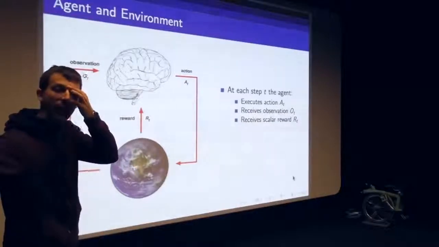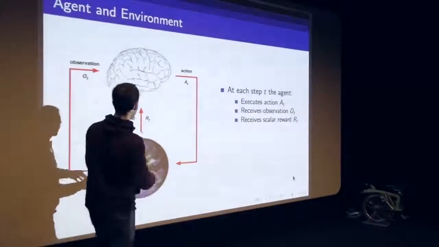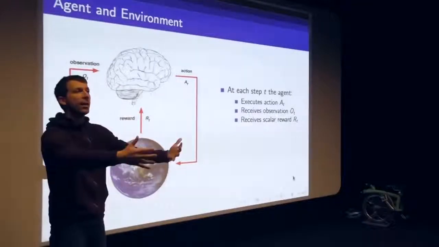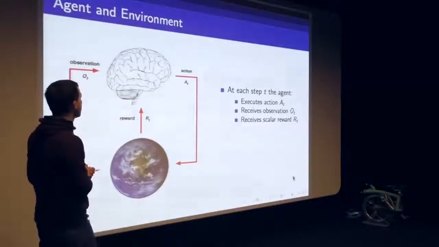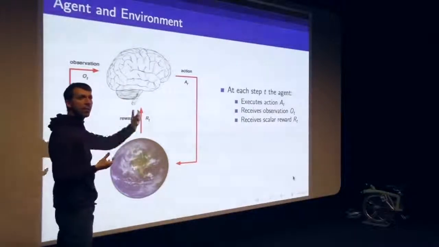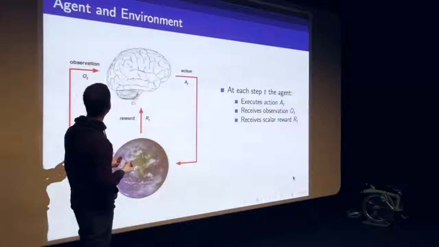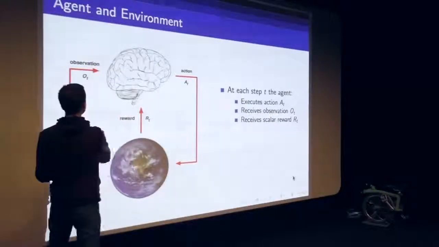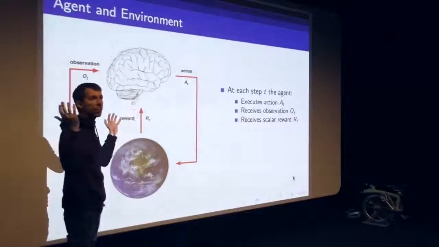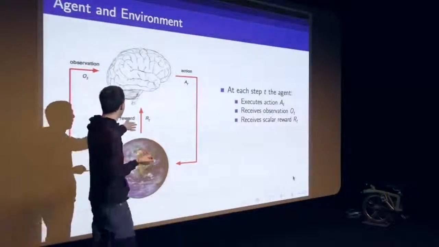On the other side of the fence, we have an environment. So I'm going to represent the environment by this sort of world. This is what's out there on the other side of the agent, the thing it's interacting with. And what's going to happen is there's this loop over time. You can think of this loop where the agent is interacting with the environment, and at every step it's seeing something of the world. It gets some observation where it's seeing a snapshot of the world at this moment. The agent's wandering around seeing stuff.